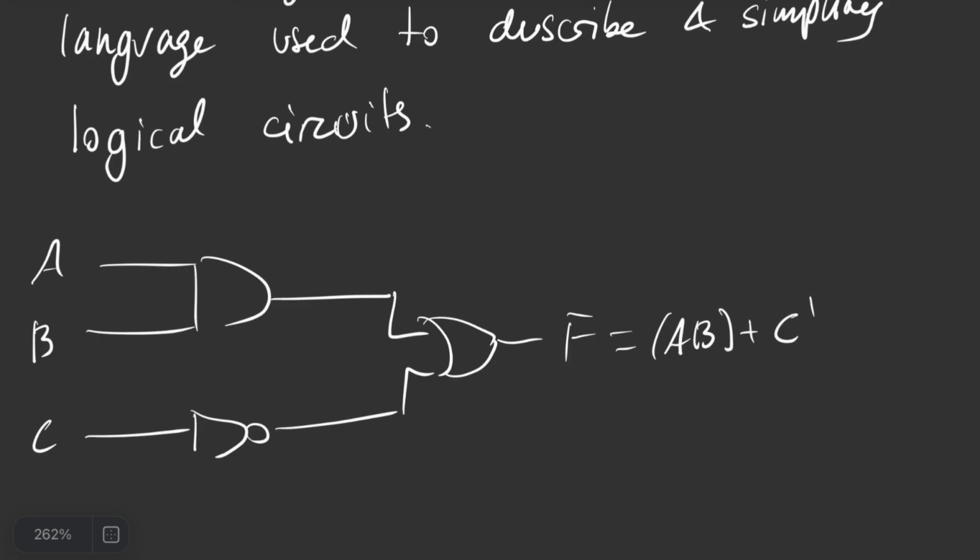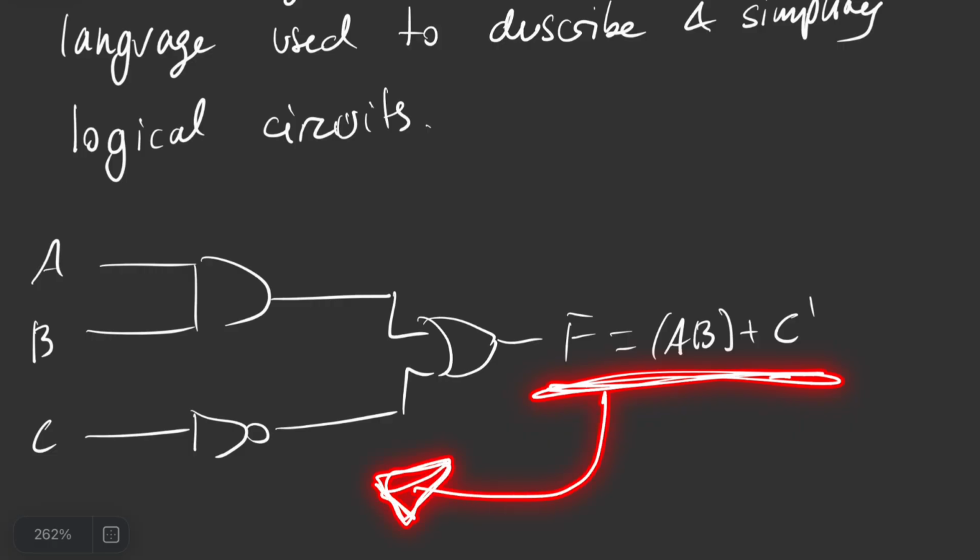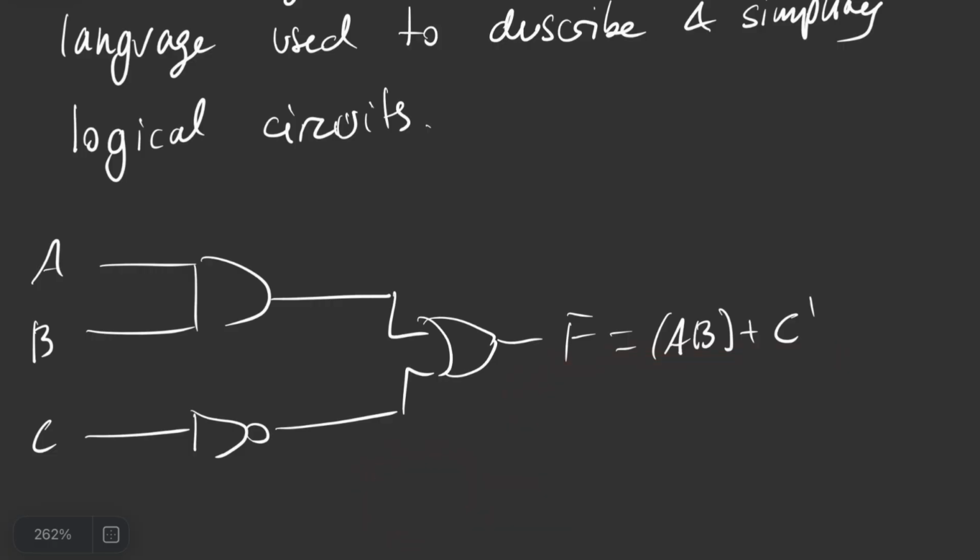For example, this Boolean algebra expression right here is the equivalent of drawing this circuit right here. It's just another way to describe a logical circuit. Okay?